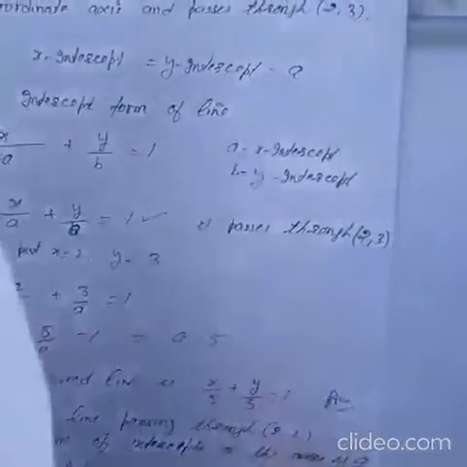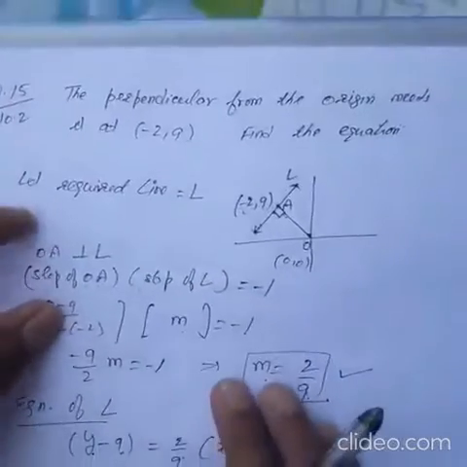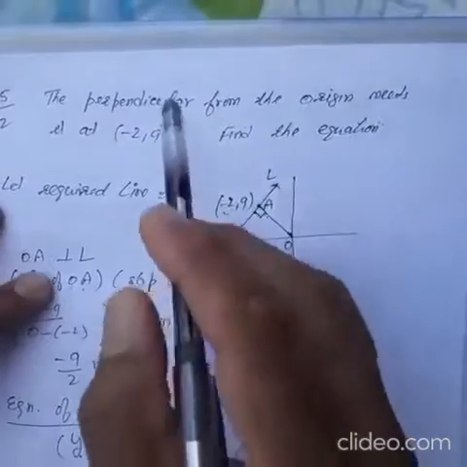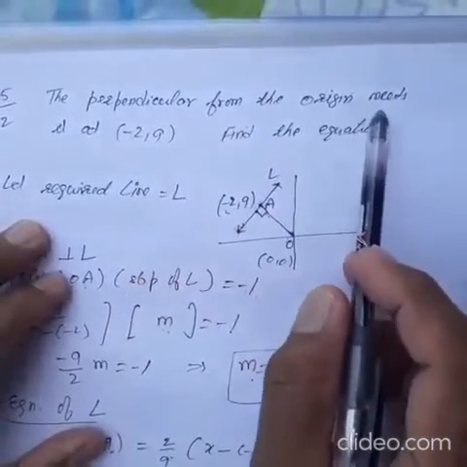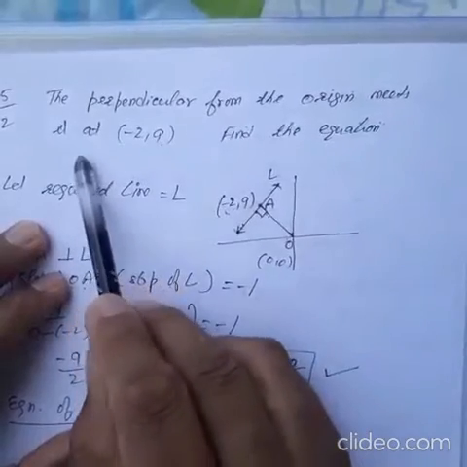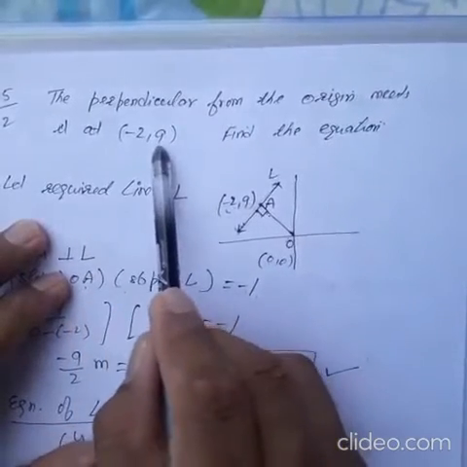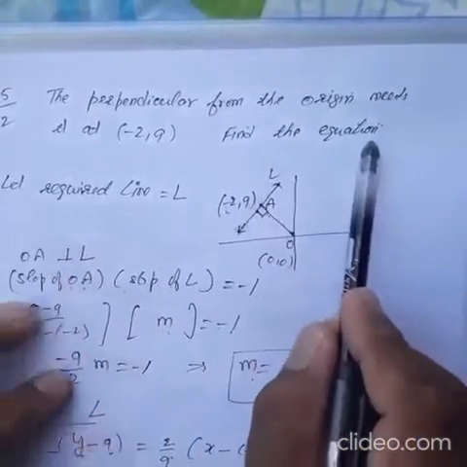Now move on to the next question, which is 15. In this question, the statement is: the perpendicular from the origin meets a line at (-2, 9). Find the equation.